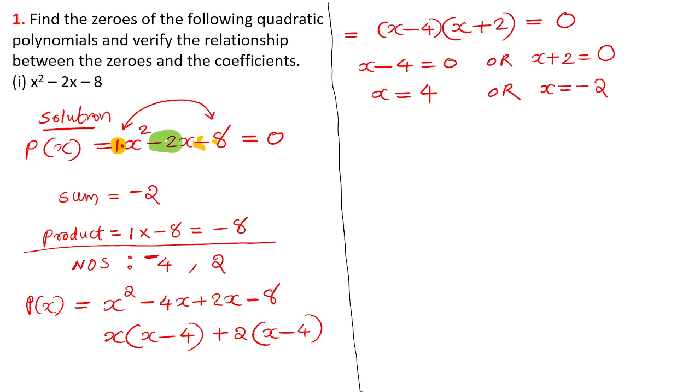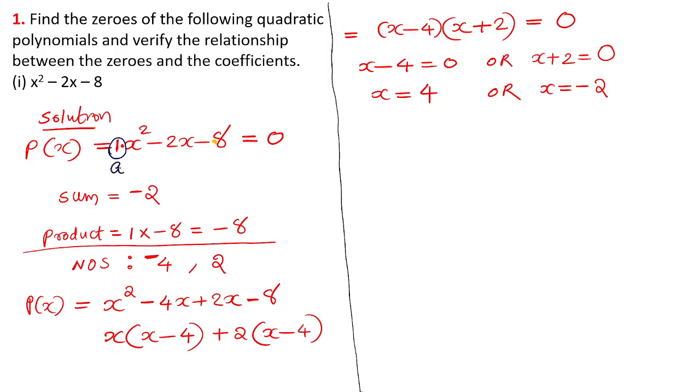So you understood the technique. Okay, this step is clear to you. Then we are not finished yet. This is the way by which we find the zeros. But after finding zeros, verify the relation between zeros and coefficients. That step is required. So remember, this is ax square plus bx plus c, comparing with the standard form.